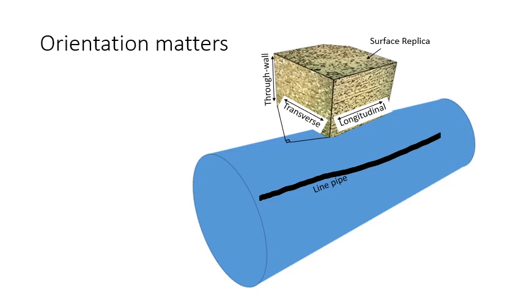So this is the longitudinal direction up and down our line pipe, and if we section and look at the microstructure in the longitudinal direction, which is a typical direction to look at destructive micrographs, one feature that we'll notice quite often is banding. What am I calling banding?